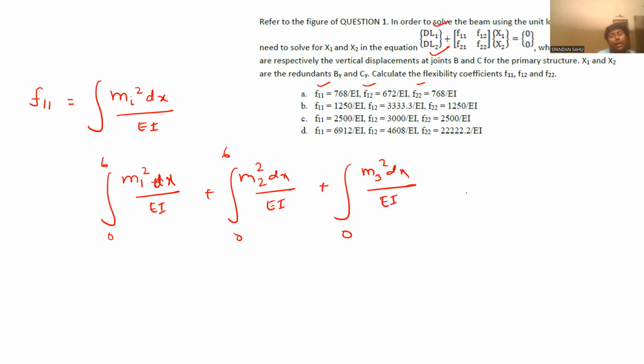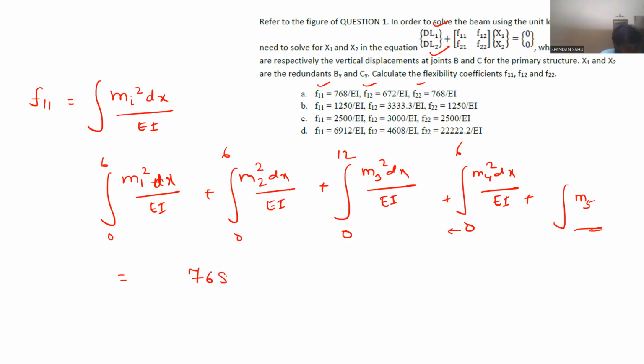What will be the upper limit? 12. 0 to 6. And here 0 is from F to C, the other end. Similarly, I am not writing this part. Addition of all the three, you will end up getting 768 by EI. Okay.